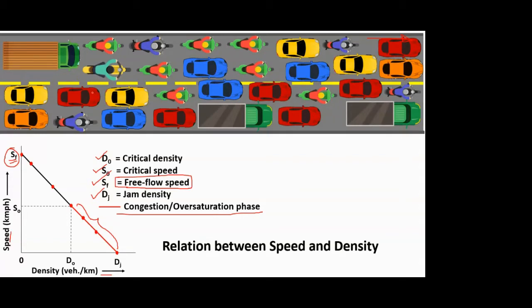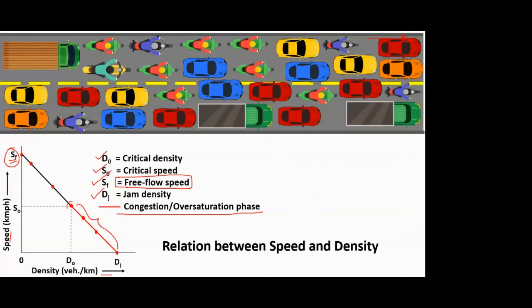Now we have seen that once more and more vehicles come onto your road, the speed of that stream goes on decreasing. Then it reaches a certain point, the interface between the black line and the red line.